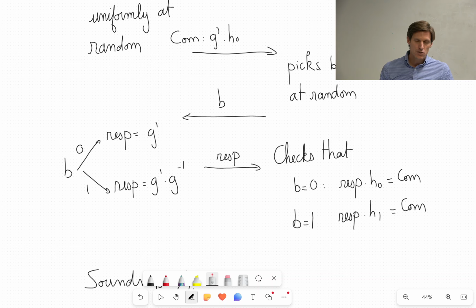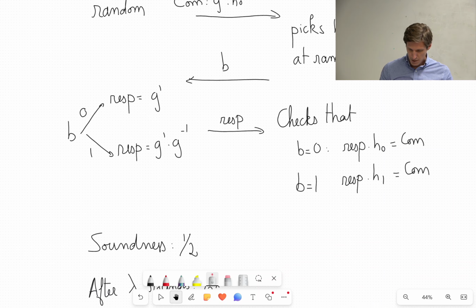Something we've mentioned before is that, of course, if you knew the question in advance, you could adjust your commitment in order to pass all the time. The reason why it is difficult for the dishonest prover to pass with probability significantly better than 1/2 is because they don't know which question they're going to be asked.